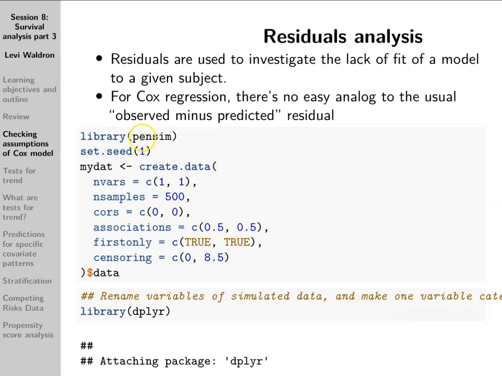So I'm going to load the Pensim library here and create data with two variables, 500 samples, zero correlation between the variables, true coefficients of 0.5, and some other stuff that we don't need to know about, and some information on censoring, which is basically telling us that censoring is uniformly probable to occur at any time between 0 and 8.5.